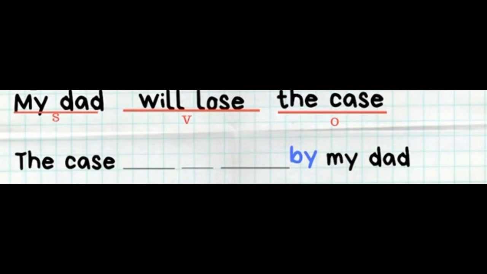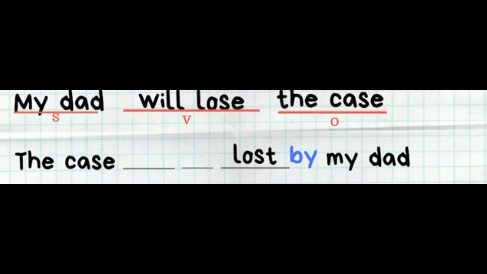Okay, in this case, the verb to be is going to be in future. So the first thing we do is put the verb in past participle. What we are missing is the verb to be. And if you notice, we have will, that is an auxiliary, but we also have modals like should, must, can, may, could.